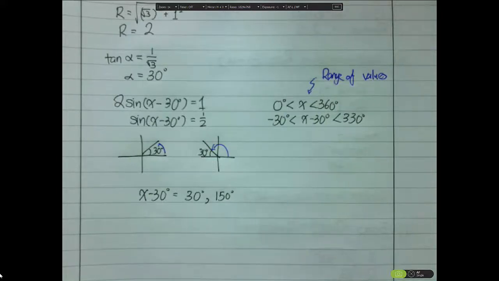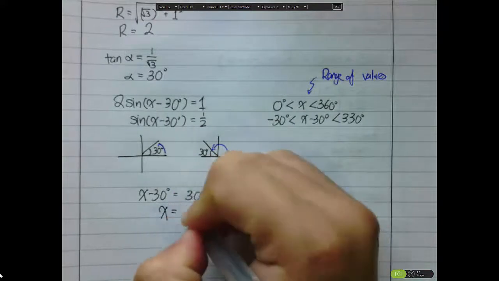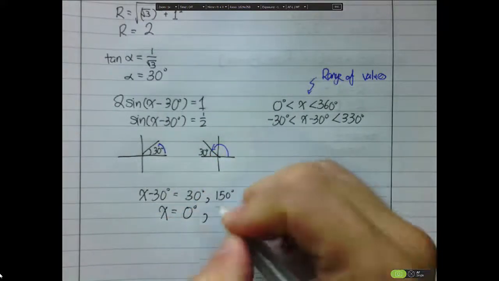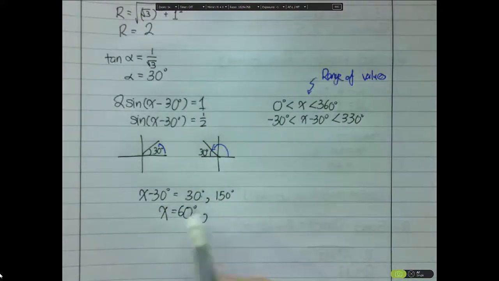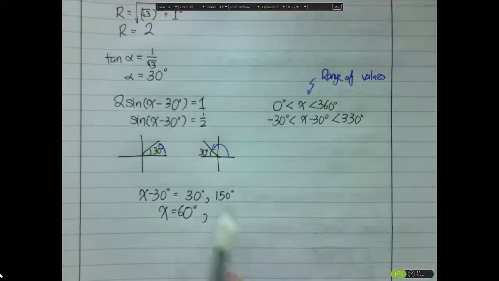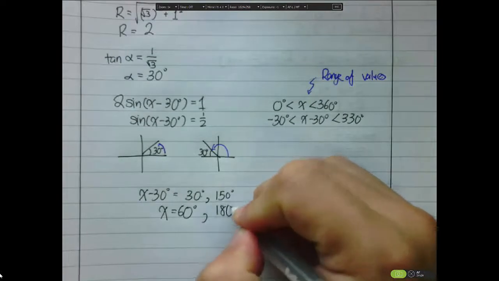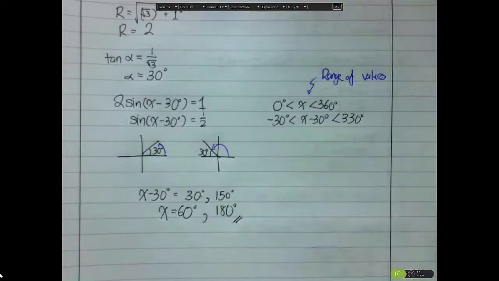So these are my only two values. So in the end, you add 30 on both sides of the equation, I get x is equal to 60 degrees, or x is equal to 180 degrees. 30 plus 30 is 60, then 150 plus 30 is 180 degrees. And that solves question 5.